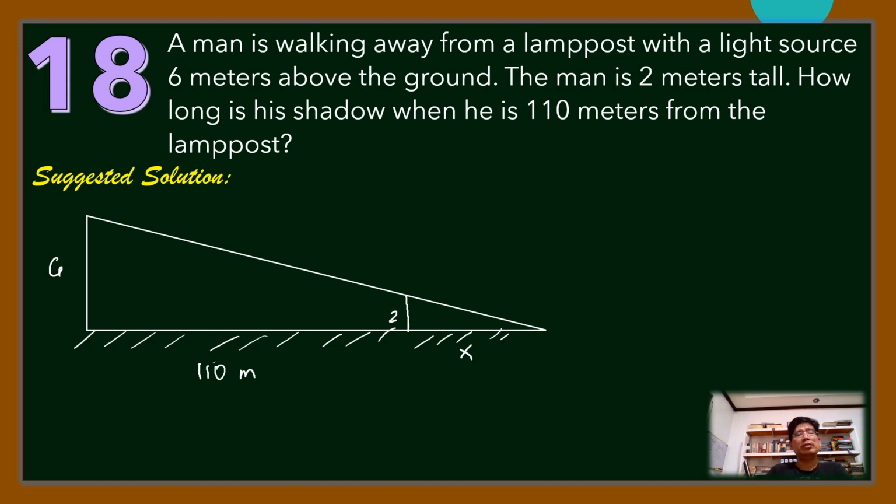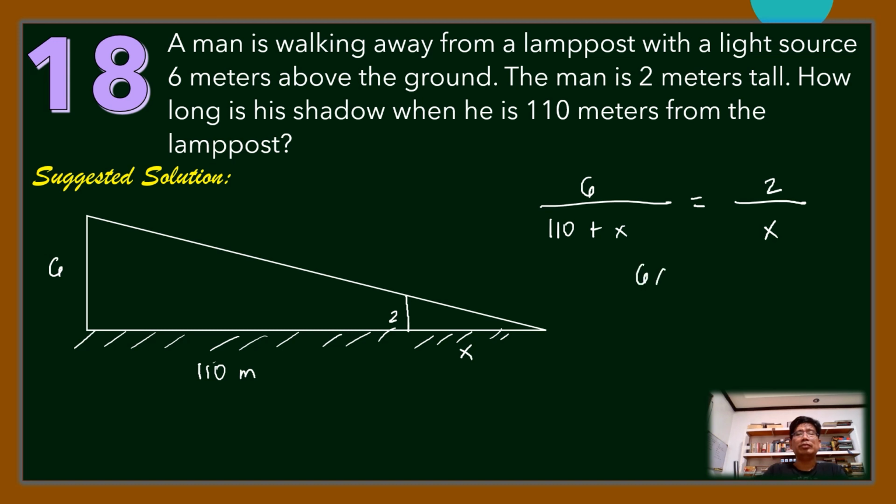So we have similar right triangles. Then we have the height of the bigger triangle over the base, which is 110 plus x, is equal to the ratio between the height and the base of the smaller triangle. That's the height of the man as the height of that smaller triangle over x.